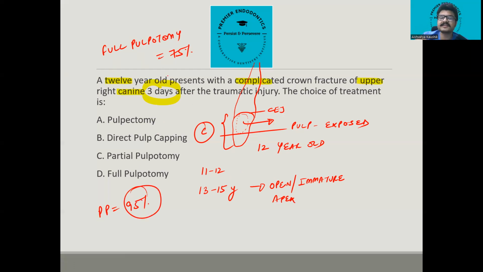But we are taking this chance because, just in case we are successful, we would be ensuring that apexogenesis has taken place. So here the correct answer would be full pulpotomy, whose synonym is cervical pulpotomy. Whichever option is given, full pulpotomy or cervical pulpotomy, that is the correct answer here.